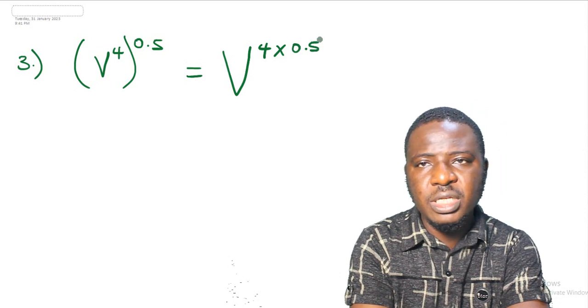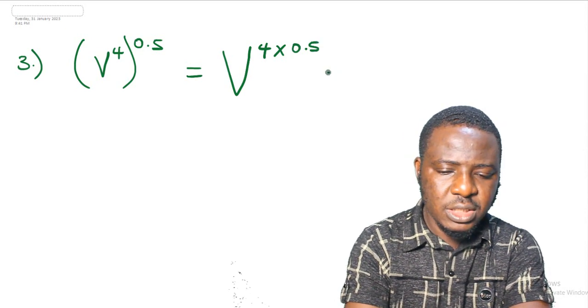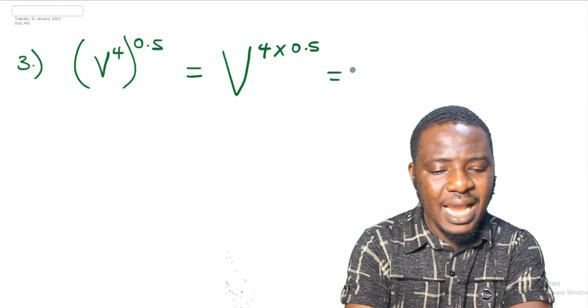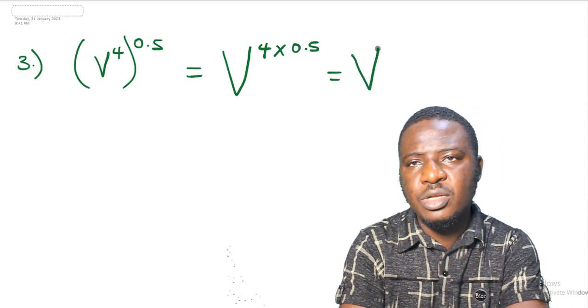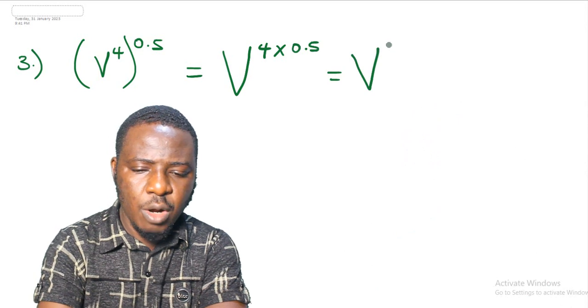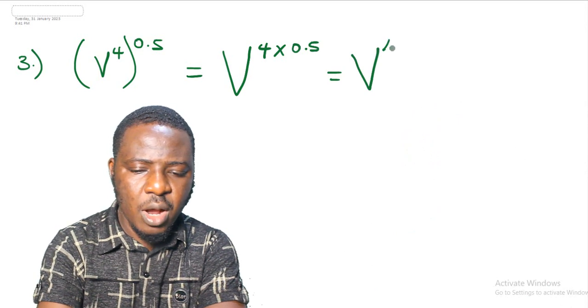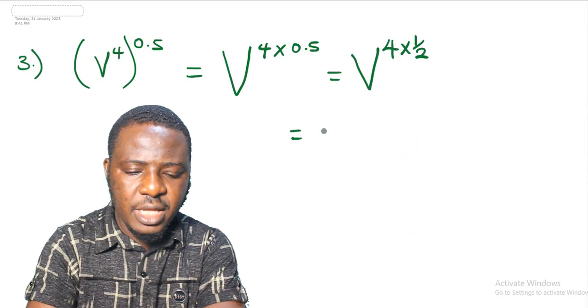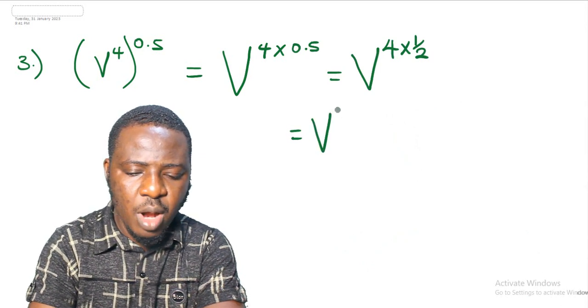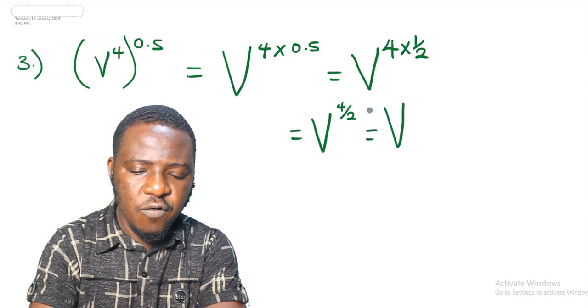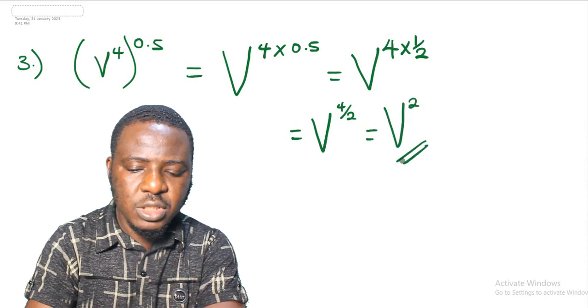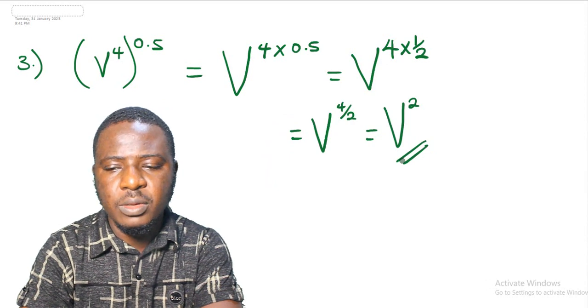If it is a fraction, it is 1 over 2. I like expressing it as a fraction so that we can easily simplify it without the use of calculators. So this becomes v raised to the power of 4 times 1 over 2, which you can simplify to be v to power 4 divided by 2, which is equal to v. 4 divided by 2 is 2. So this is v squared. This is your answer.